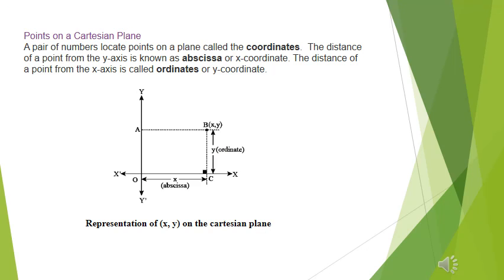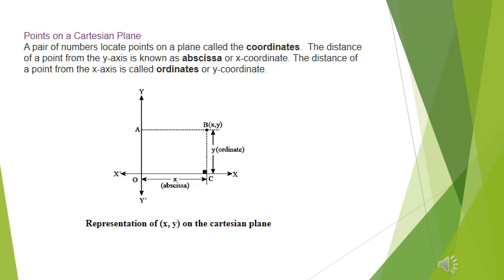So students, as you have already learned about the Cartesian plane in Standard 9, let us revise our points on the Cartesian plane. We have a pair of numbers which is located on the Cartesian plane.